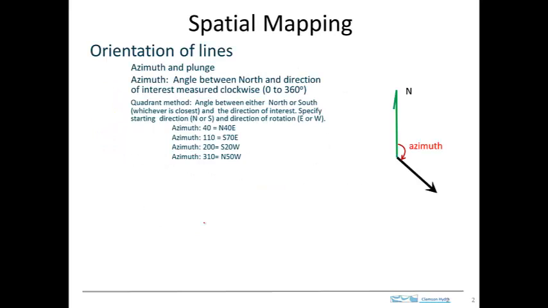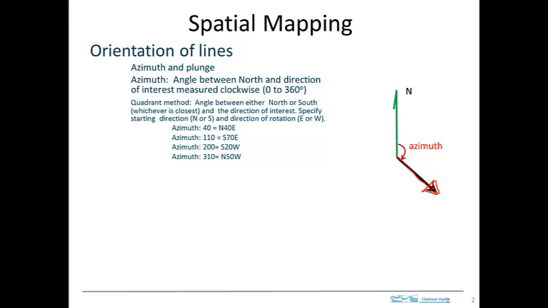So the first thing we have to be able to do is to describe the orientation of a line. Now you can imagine that a line in space has a direction and a high point and a low point. So if we look at the line in map view, it's this black line here.